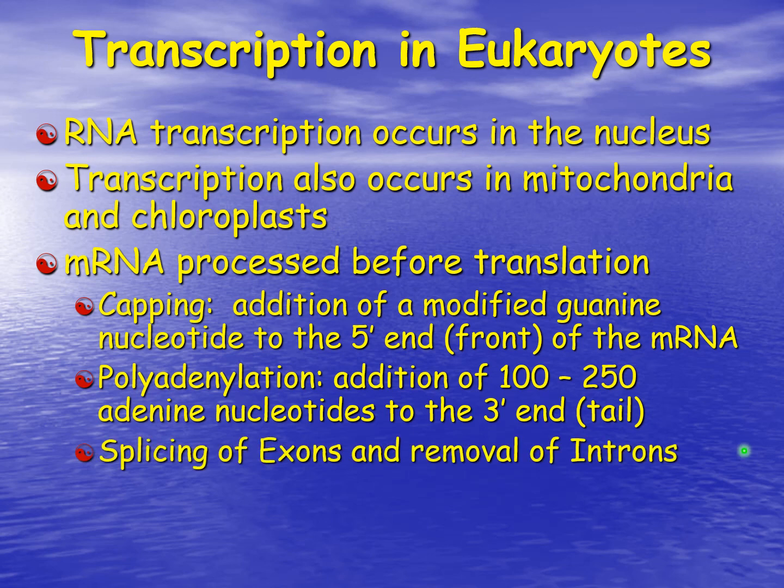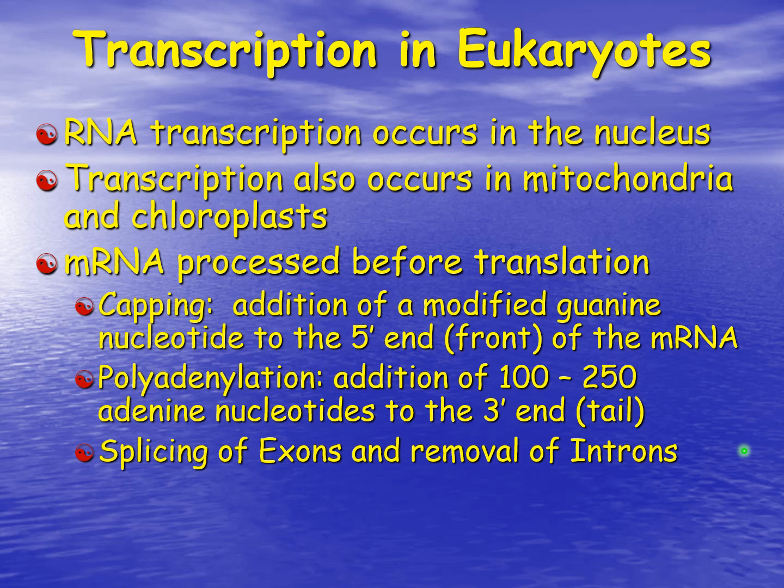The other thing is that in eukaryotic DNA, there are places within the genetic code that are non-coding for amino acids, and these are known as introns. They were once called junk DNA because we just said, well, they don't code for anything, so they must not mean anything. Well, we now understand that probably most of these introns are actually regulatory RNA structures that regulate gene expression within the cell.